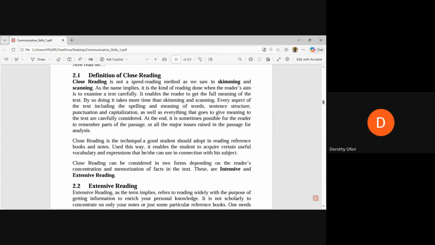When we engage in close reading, we want to examine the text carefully. We want to pay attention to every detail of the passage.